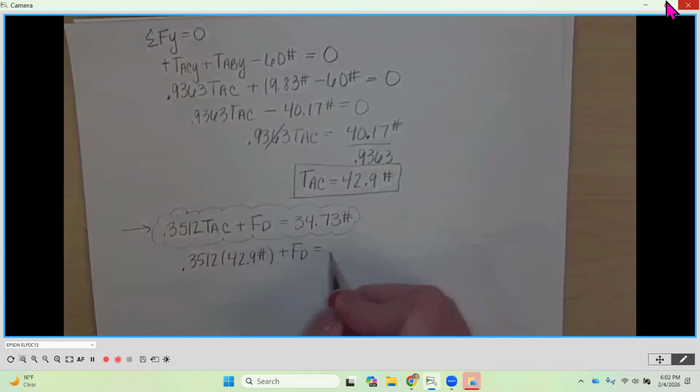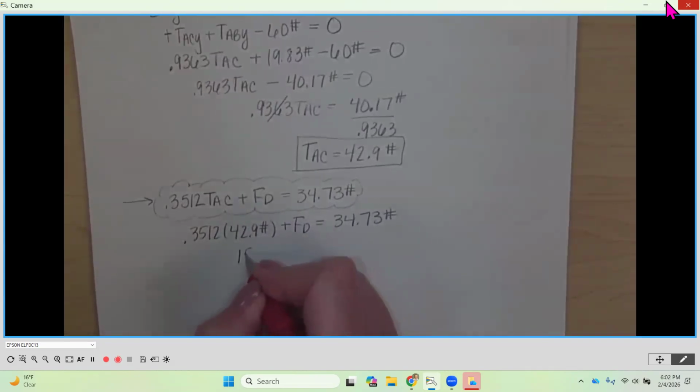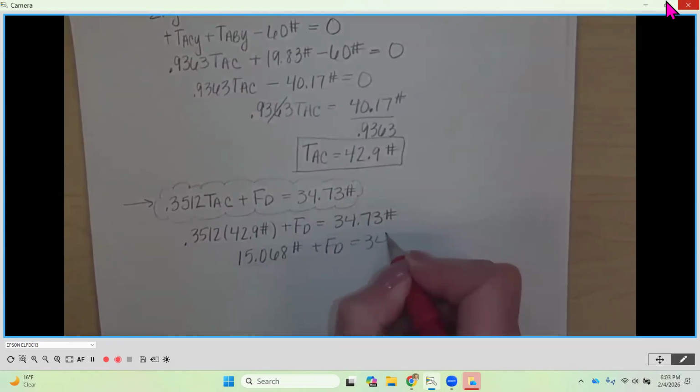So plus force D is equal to 34.73 pounds. We're going to multiply that out. So this is going to be 15.068 pounds plus FD is equal to 34.73 pounds.